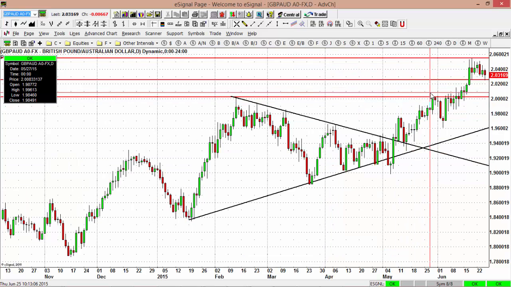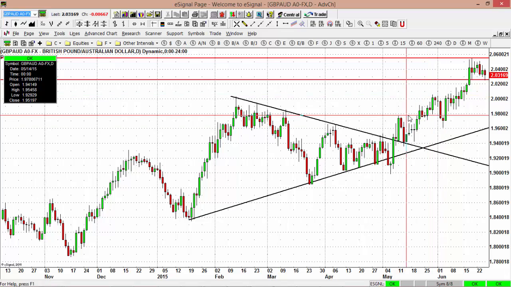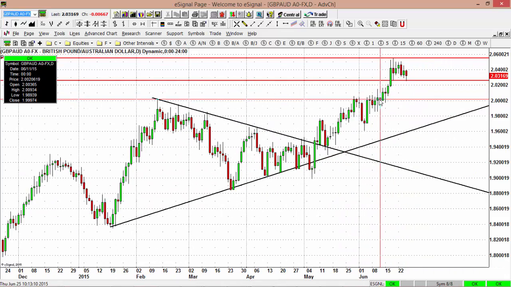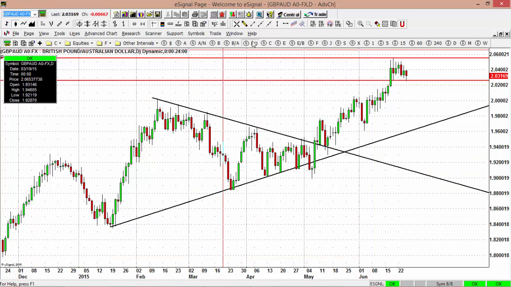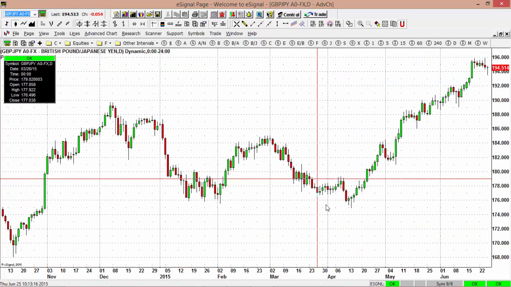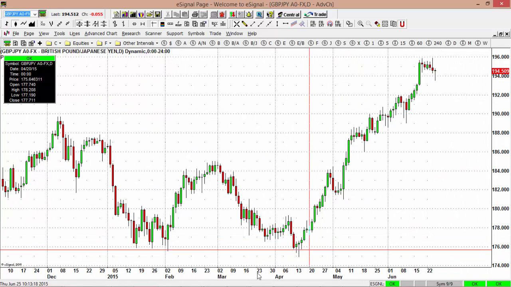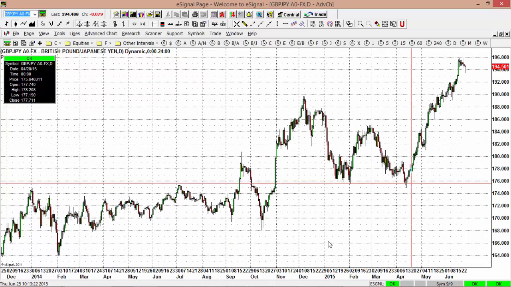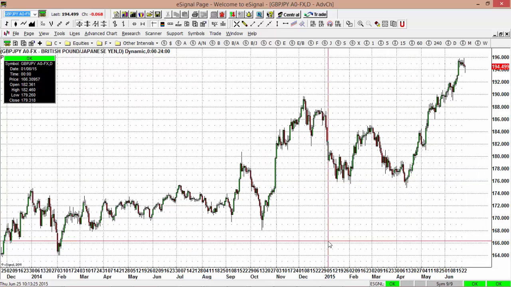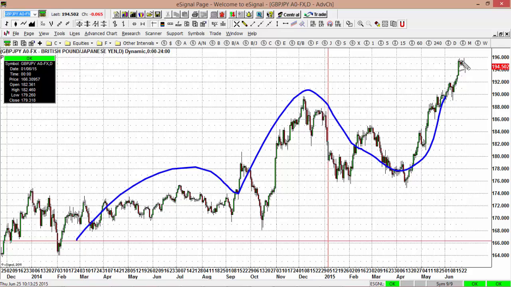This is how it looks on the daily chart. These are support and resistance points in this market. British pound, Japanese yen, this is not a market that there is really too much doubt about. As you can see, this is a broad uptrend, and the prevailing trend is clearly up.